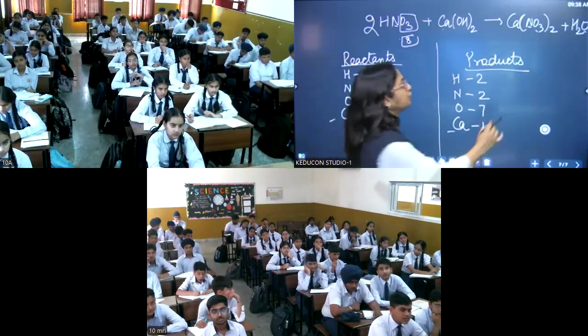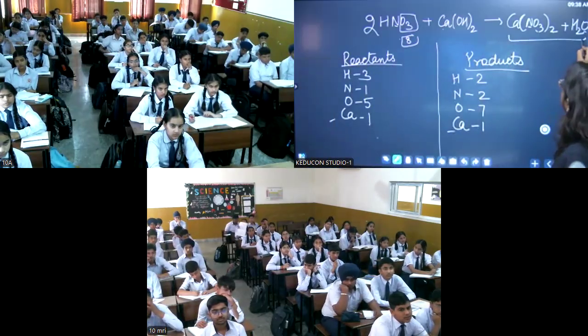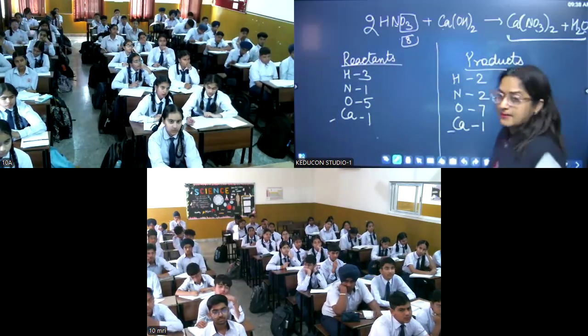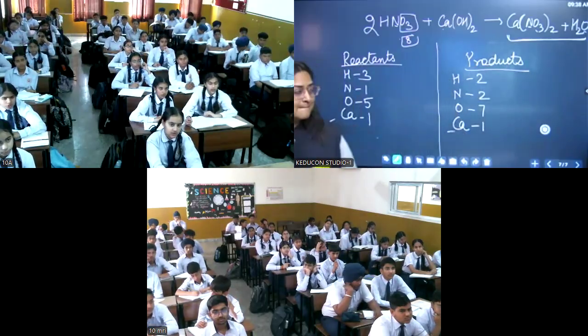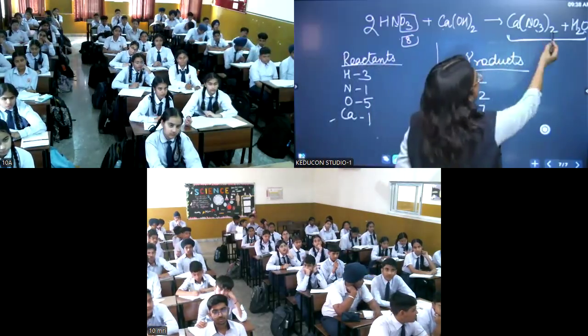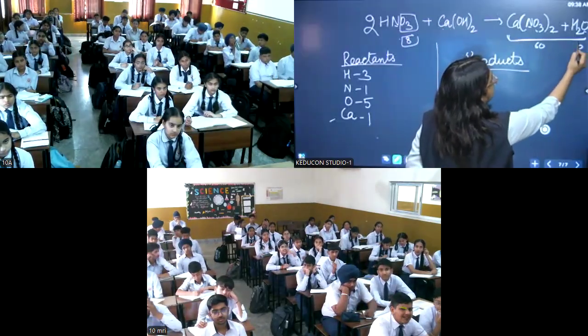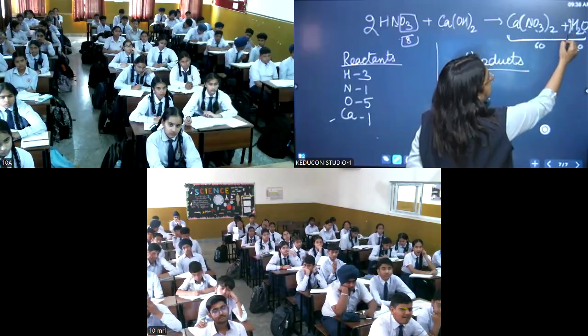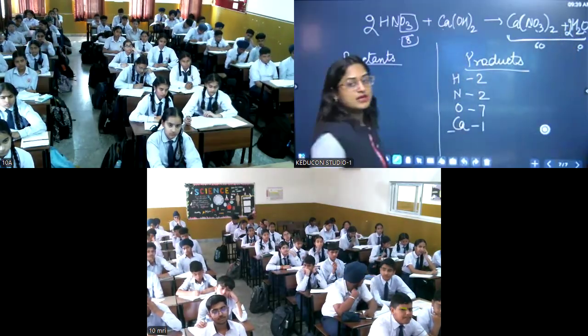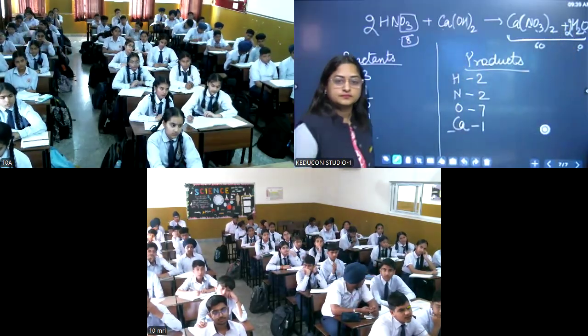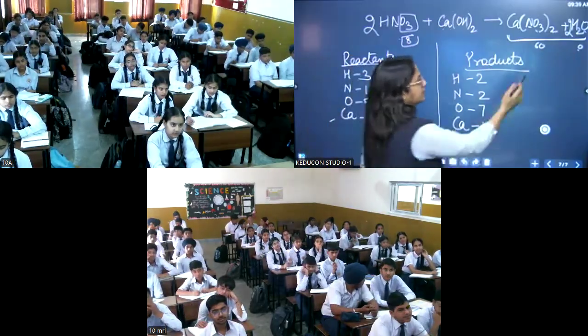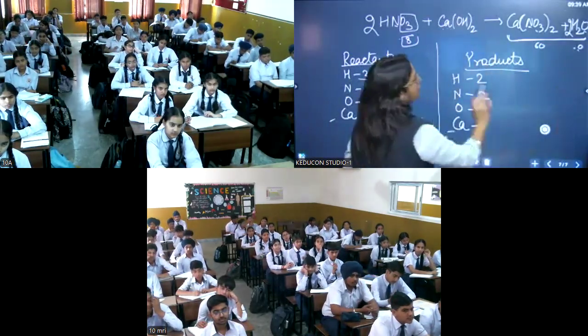What you have to do to make the number of oxygen atoms 8 in this side? You have 6 oxygens here and 1 oxygen here. So if you multiply this with 2, how many oxygen atoms will you get in total? 8. So this will balance our oxygen atoms.